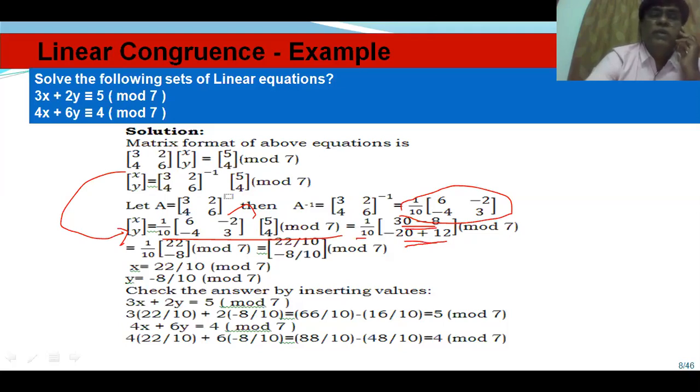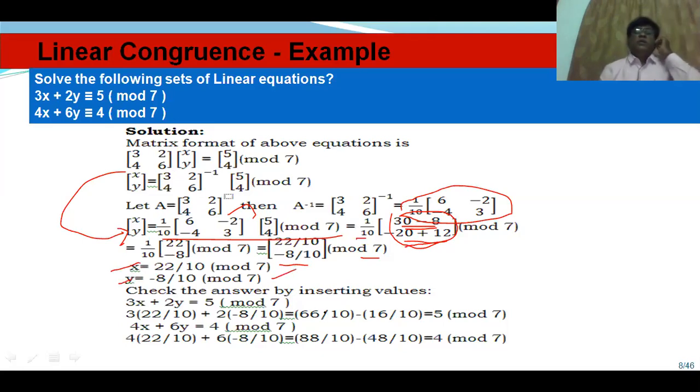So it is 1 by 10 times [22, -8] mod 7. Multiplying 1 by 10 with 22 and minus 8, we get 22 by 10 and minus 8 by 10 mod 7. So x is equal to 22 by 10 mod 7, and y is equal to minus 8 by 10 mod 7.